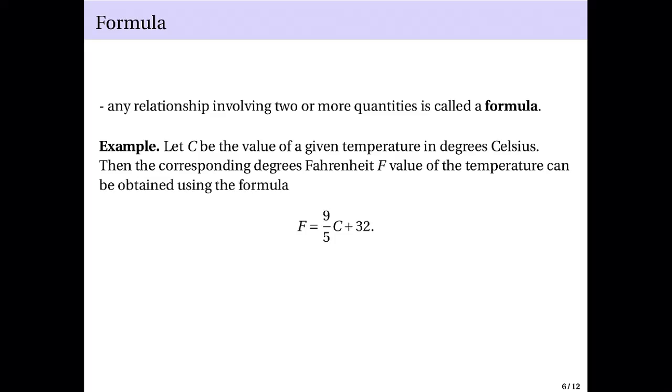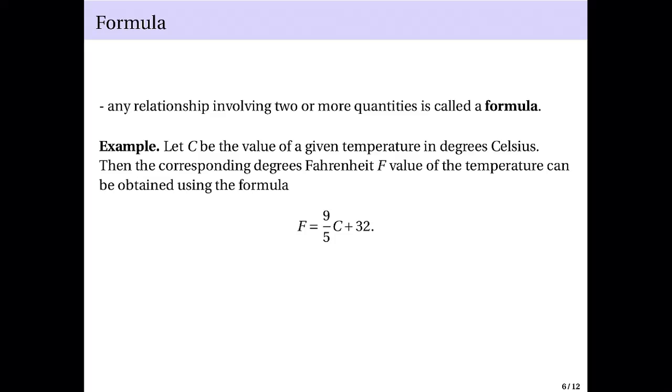Now, let me take this opportunity to do the following. There are times that we have a fixed formula, for example, in this. But what if we are given the degree Fahrenheit value? How do we convert it to C?